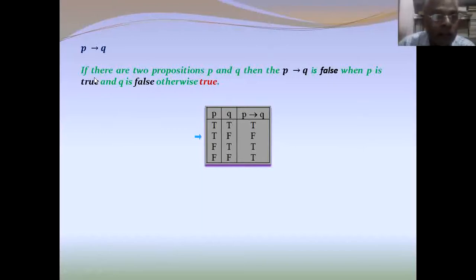As our definition says, if there are 2 different propositions P and Q, then P implies Q is false when P is true and Q is false. Otherwise, it is true. So this is the truth table of P implies Q.